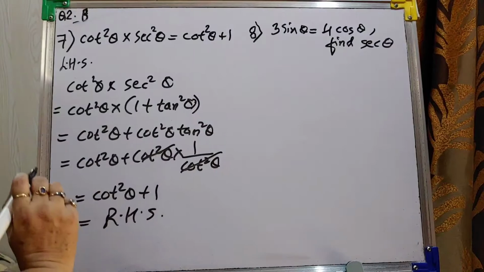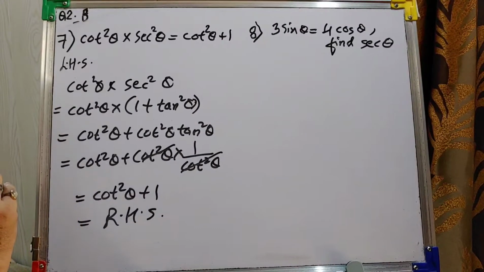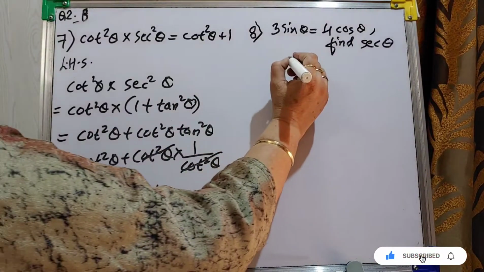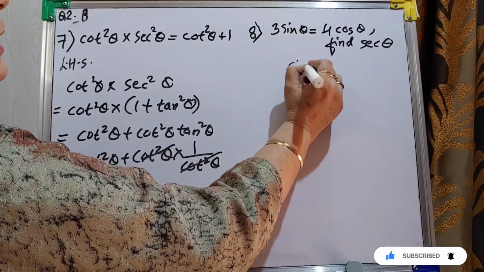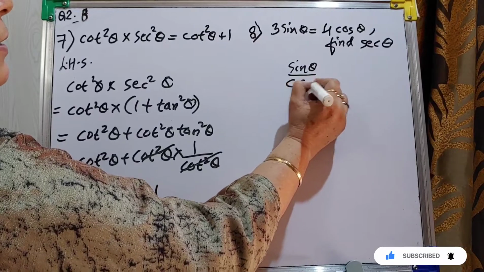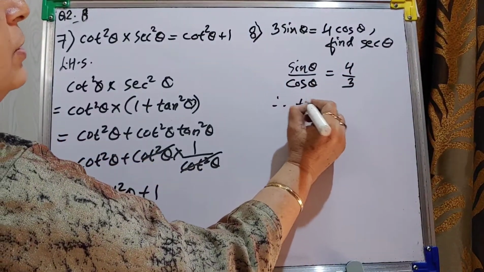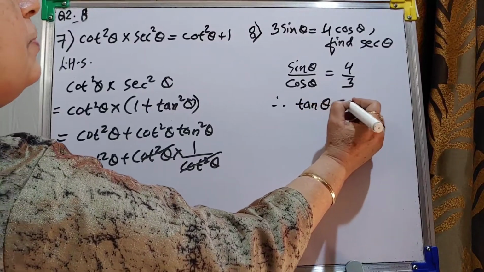Now here 3 sin theta is equal to 4 cos theta. You are asked to find out the value of sec theta. Now what I will do, I will take cos this side and I will transfer 3 that side. So I know sin theta by cos theta is my tan theta.